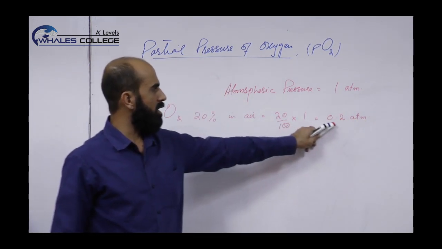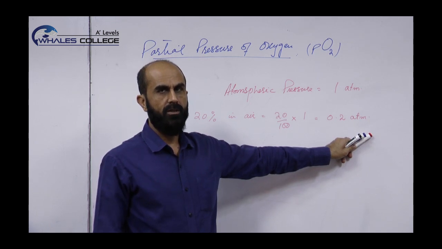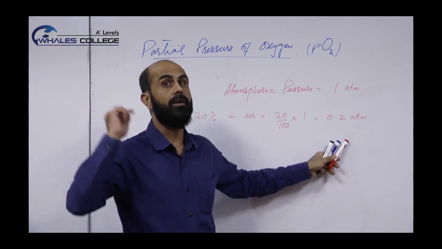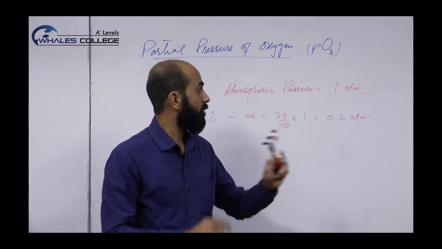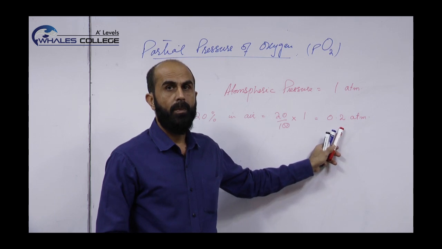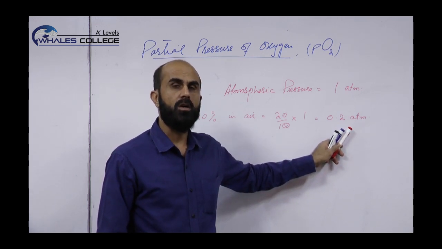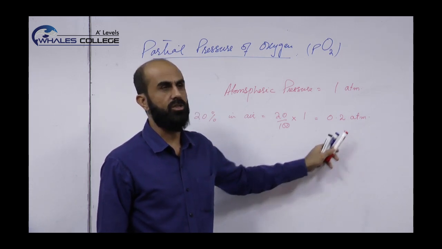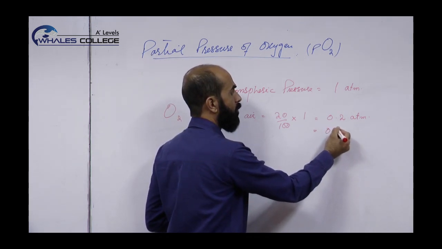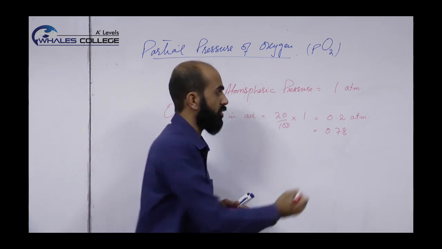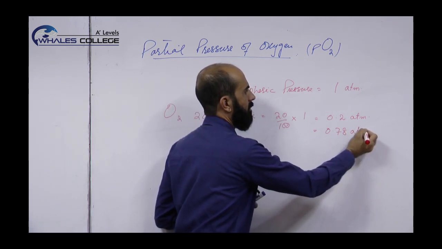Means this 0.2 atm is the partial pressure of oxygen in the sense of atm in the air. So 1 atmospheric air consists of 0.2 atmospheric pressure of oxygen, which is the partial pressure of oxygen. In the same way, nitrogen may have a 0.78 atmospheric pressure, atm, and so on.